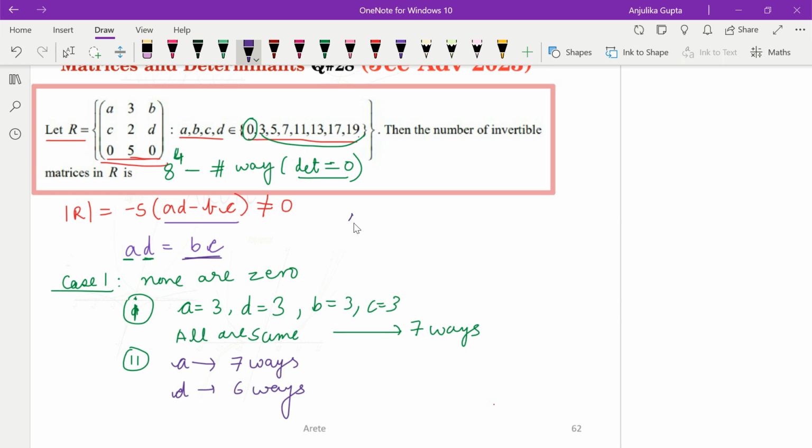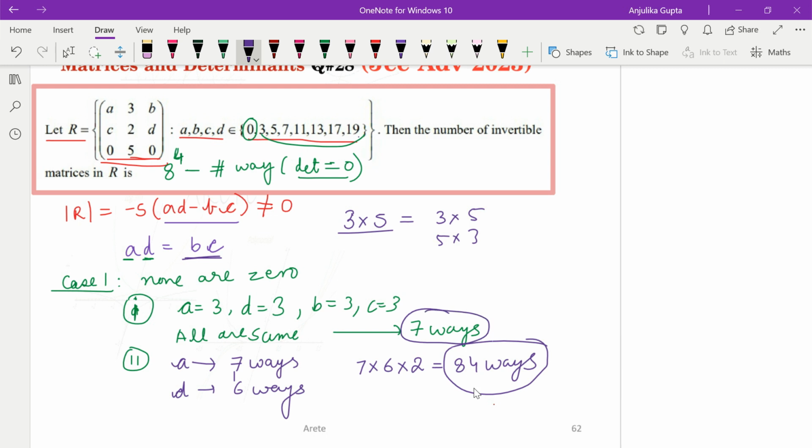Take an example: suppose A is 3 and you have chosen D to be 5. Now what can B and C be? There are two possibilities, either 3 and 5 or 5 and 3. So the total ways are 7 times 6 times 2, which is 84. So you got a total of 84 ways in which they are different. So 7 ways you had here and then 84 ways.